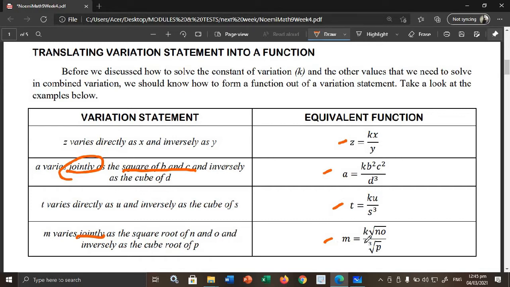So m is equal to k, square root of n, square root of o, over cube root of p, because cube root of p is inversely proportional to m, so it is in the denominator. That is how you translate a variation statement into a function.